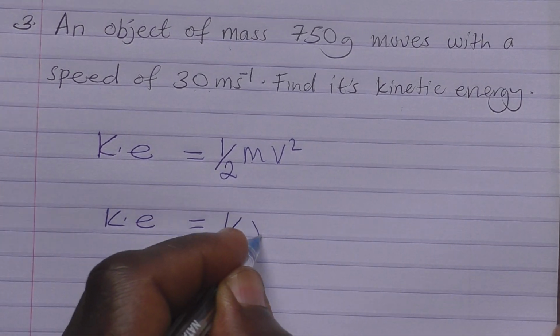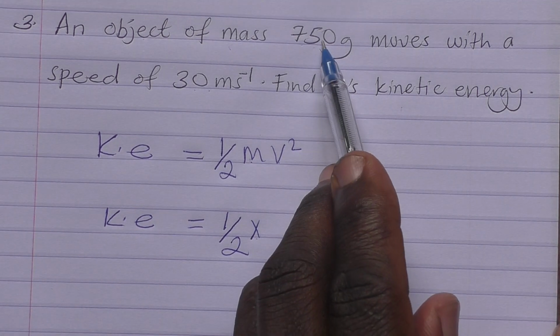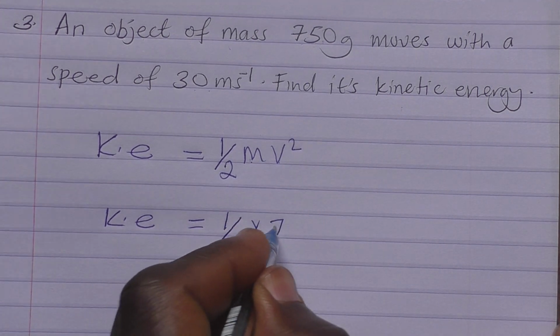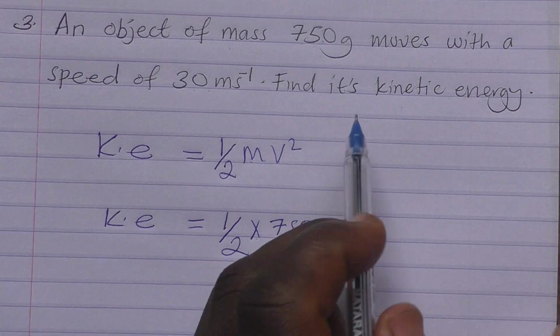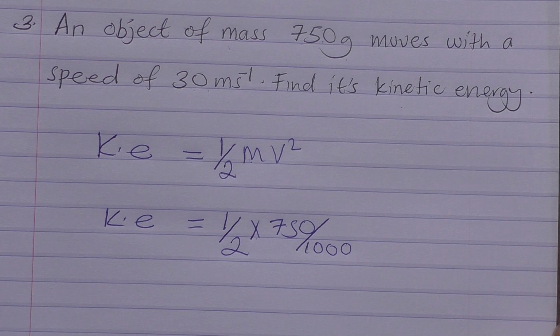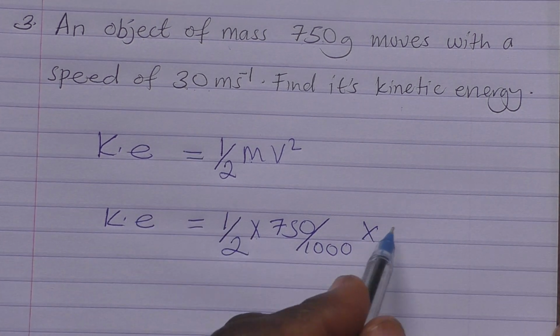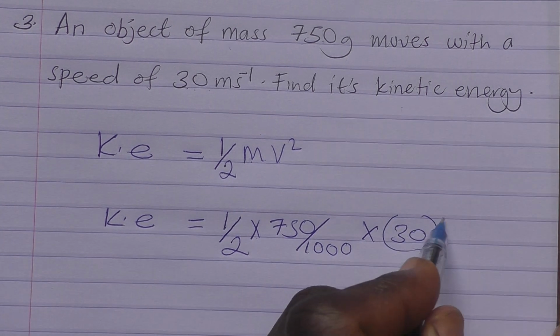Therefore, it is just a matter of substituting in. That is a half times, where we have mass, we shall replace it with 750, but this is in grams, so we divide by 1,000 to change it to kilograms, times the speed squared, that is 30 squared.